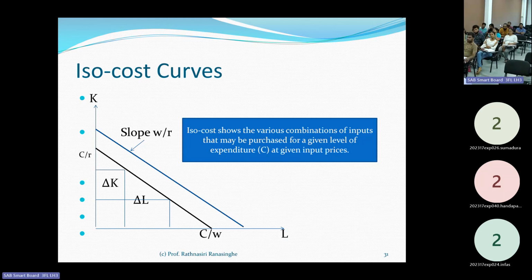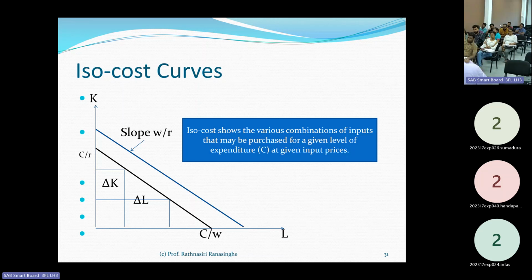So at a given level of prices, the wage and the interest rate, we can decide how we allocate our total expenditure among the two factors of production, how much we spend on labor and how much on capital. That explains the outlay of the firm.